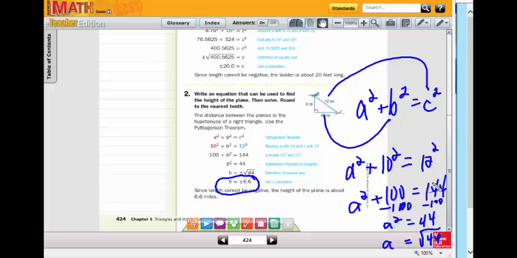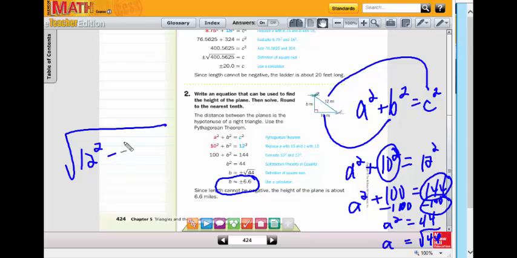In the end, we took the square root of 144, in other words, our largest number, 12 squared, minus 100, which was 10 squared. So in other words, we took the square root of the hypotenuse minus one of the legs, and of course they're both squared.